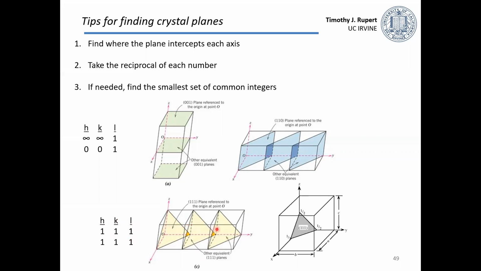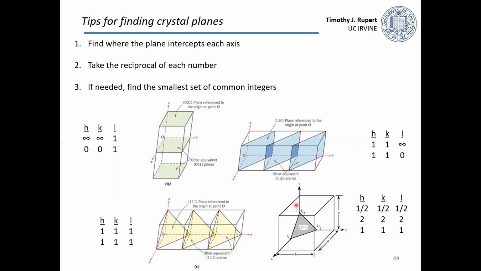And these are 1, 1, 1 planes. The top right, it's going at an angle through there. We can see that it hits the x-axis at 1, the y-axis at 1, and it never hits the z-axis. So the intercepts are 1, 1, infinity. We do the reciprocal of that, it's 1, 1, 0. These are 1, 1, 0 type planes.